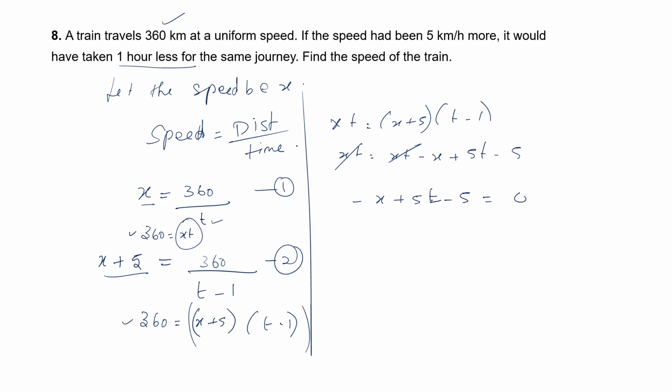Now if two variables are there, then we can't make the quadratic equation. So you have to convert one variable into another. What is t here? t here is 360 by x. I'll substitute this over here.